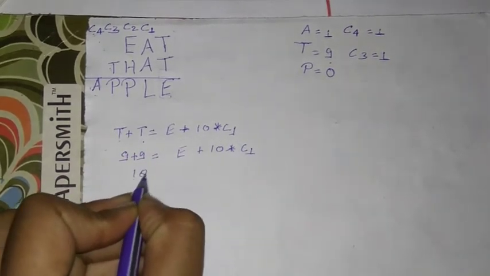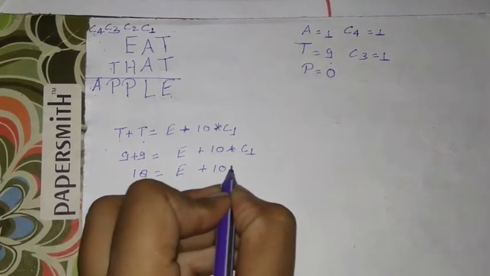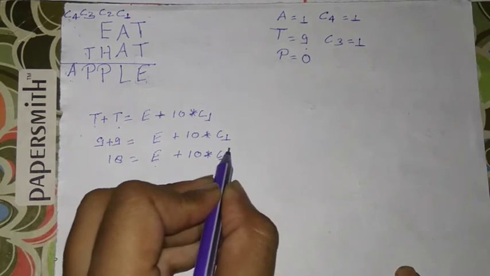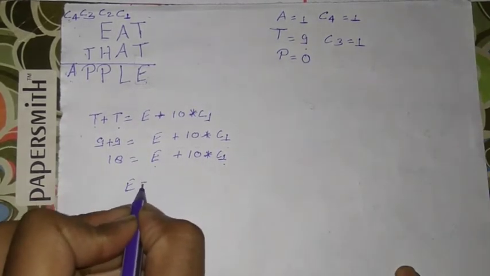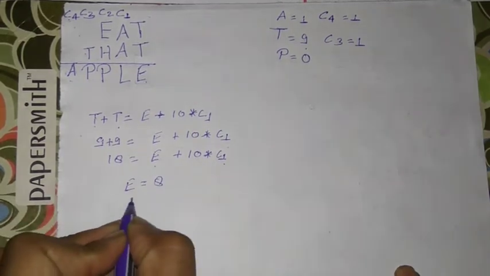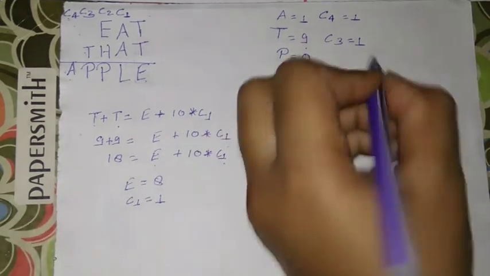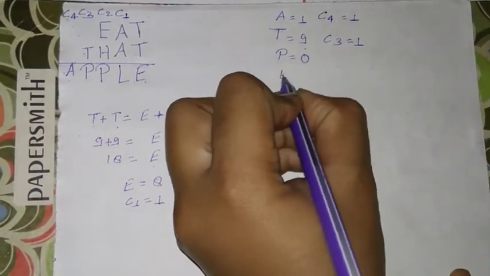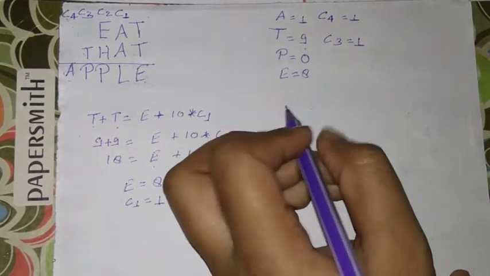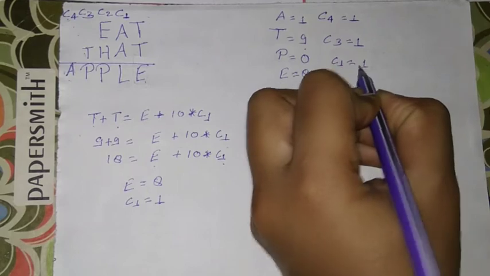We got 18 is equal to E plus 10 into C1. From this equation we find out that the value of E is 8 and the value of C1 is 1. So here we write the value of E equal to 8 and the value of C1 equal to 1.